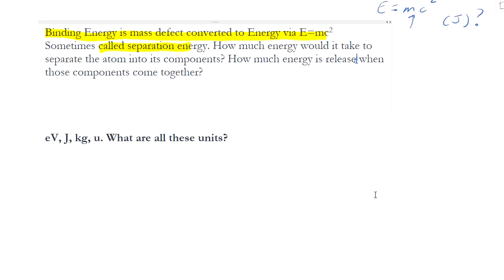Okay, let's talk about some of the units you might see coming up here. We have the electron volt, the joule, the kilogram, and the U. The only one you're not familiar with is the electron volt. So you remember what a volt is? Maybe you don't. Volts are joules per coulomb, right? So energy divided by charge. That's from grade 9, I think. So this is joules, that's volts, and this is coulombs.